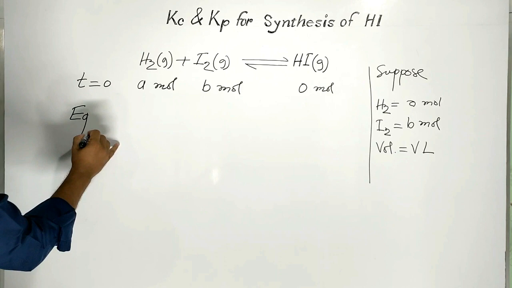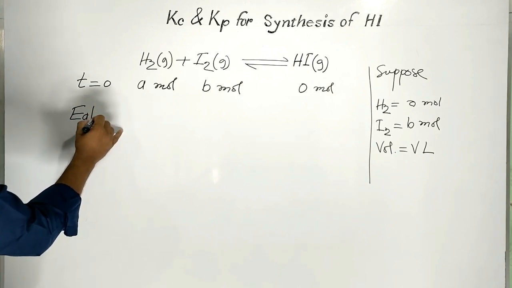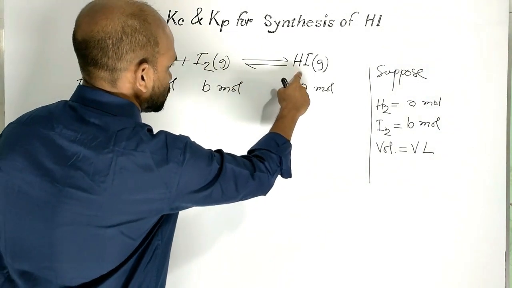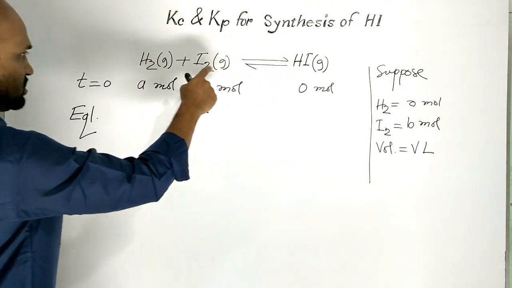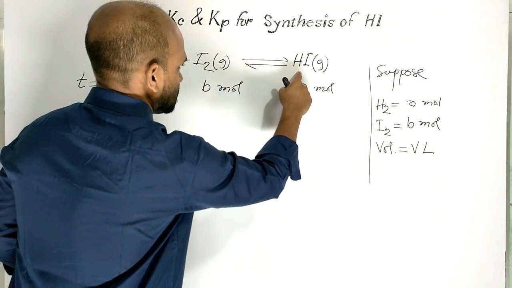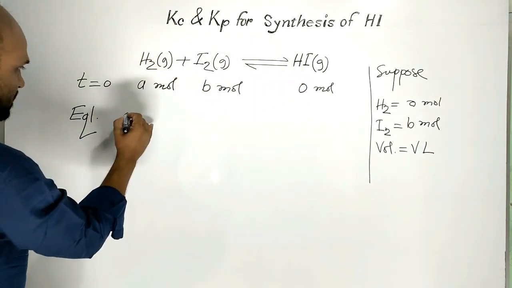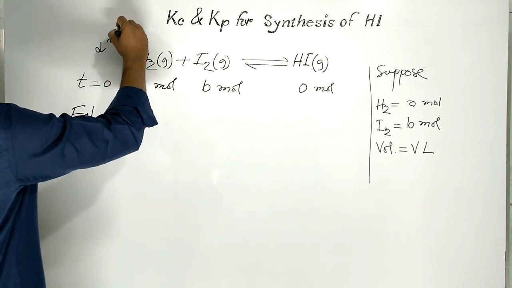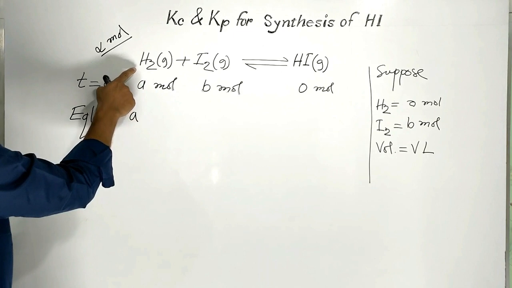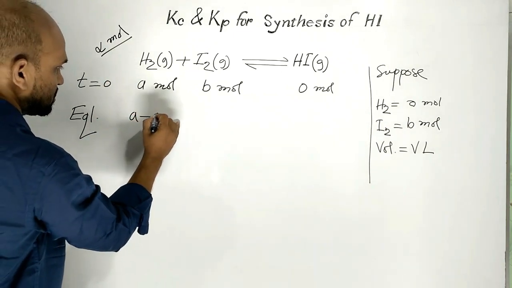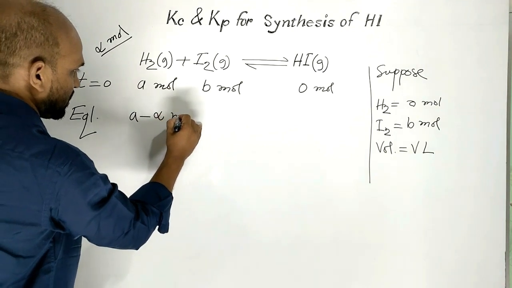But at equilibrium, some amount of hydrogen is converted to hydrogen iodide and some amount of iodine is converted to hydrogen iodide. That amount is suppose alpha mole. Then the remaining number of moles of hydrogen is A minus alpha.